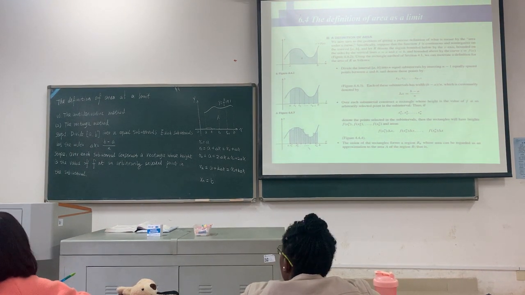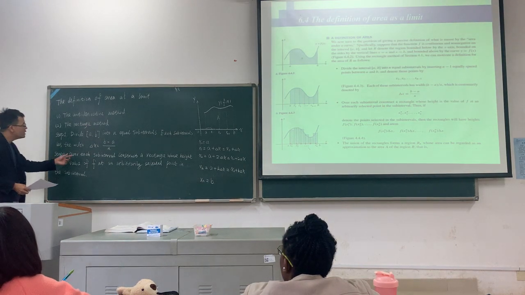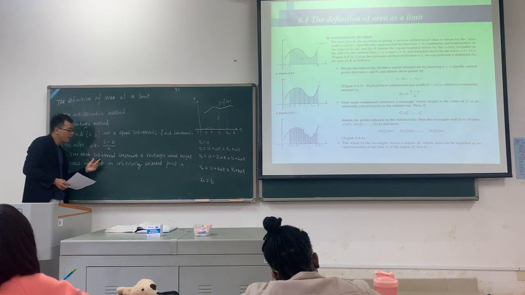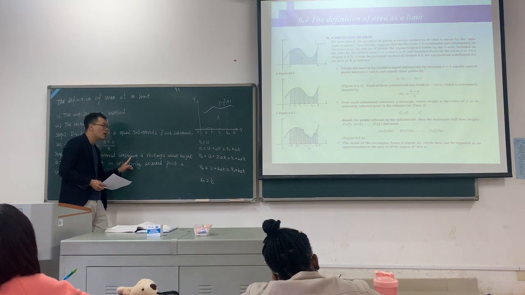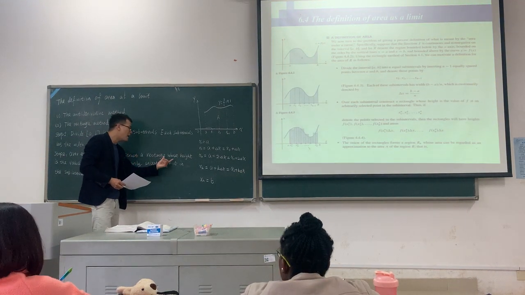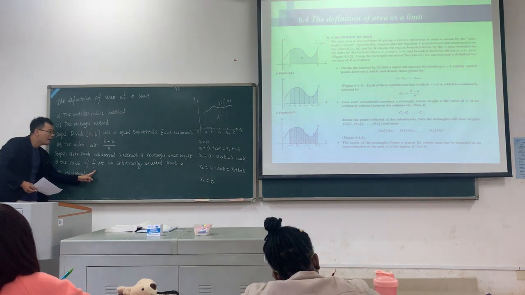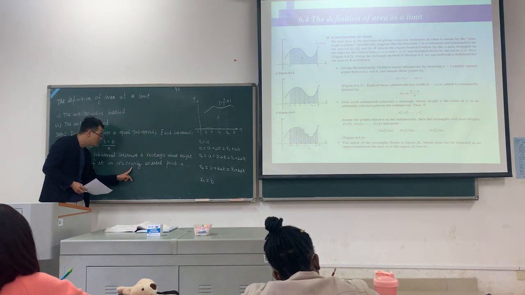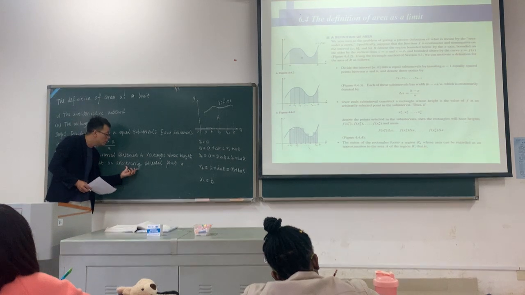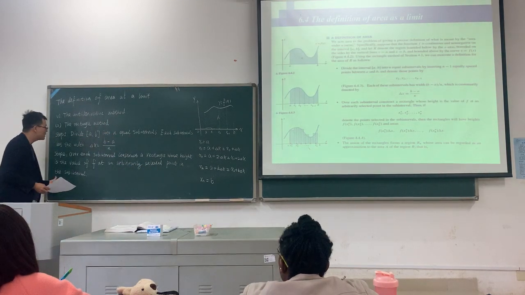So here the second step is, over each subinterval, we need to construct a rectangle whose height is the value of f at an arbitrary selected point in the subinterval.